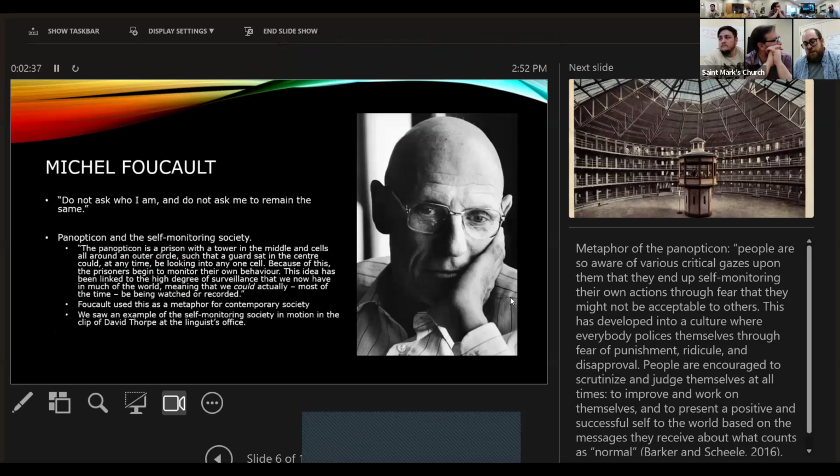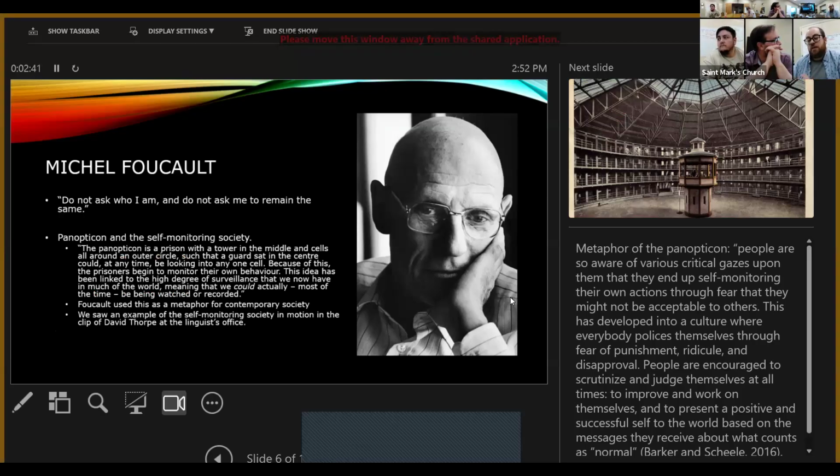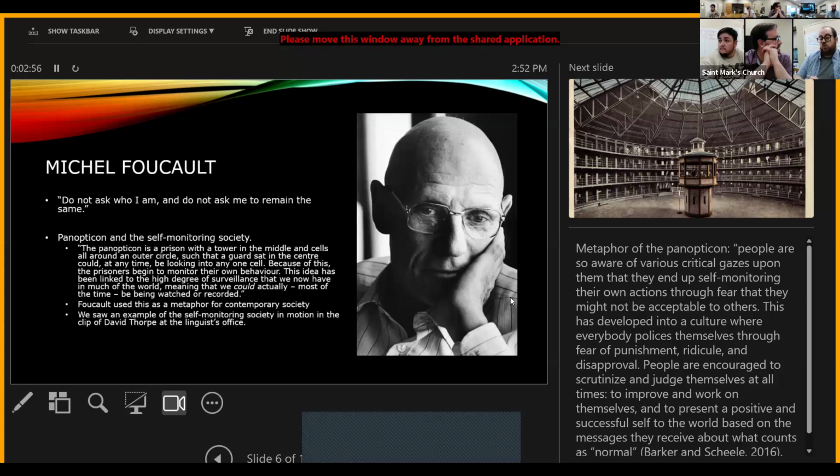Foucault had this idea known as the panopticon. The panopticon is a prison with a tower in the middle and cells all around an outer circle. I'm going to flip to the next slide real quick and show you a picture.